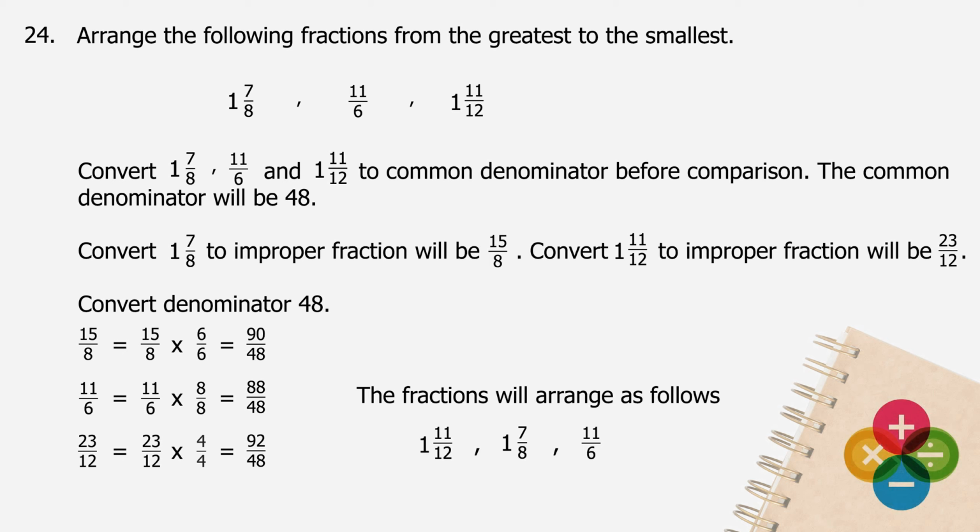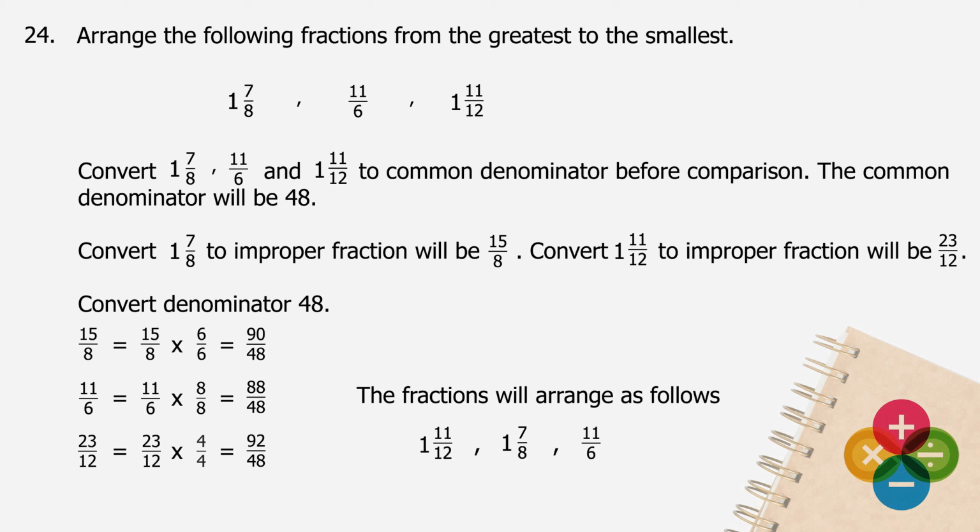The common denominator for 1 and 7 over 8, 11 over 6, and 1 and 11 over 12 will be 48. Convert all the mixed numbers to improper fractions. Convert 1 and 7 over 8 to an improper fraction will be 15 over 8. Convert 1 and 11 over 12 to an improper fraction will be 23 over 12.